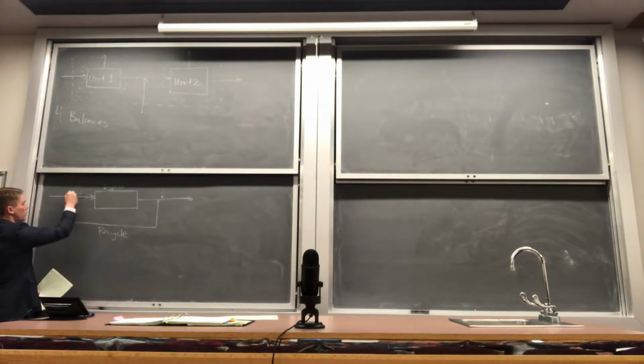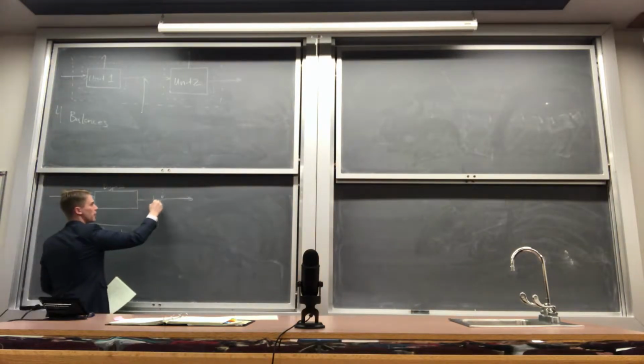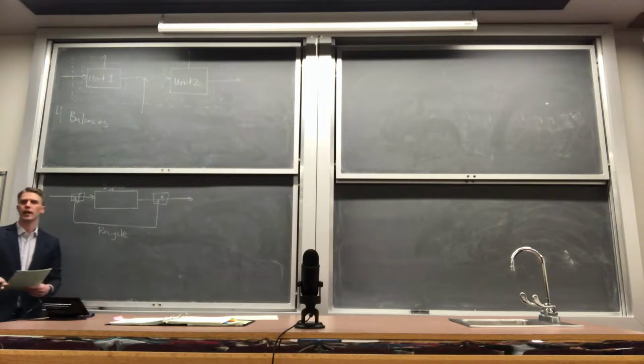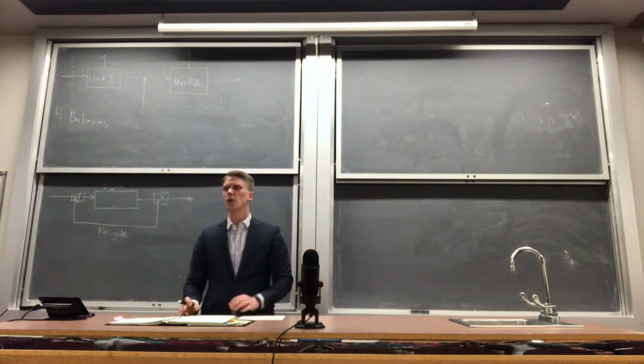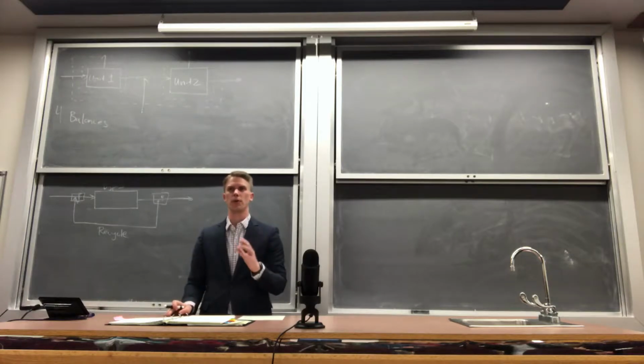Now these unit operations here, a mixer or a splitter, you can have either a mixer or a splitter, these are called simple unit operations, right? There's no change in composition as you go through them.